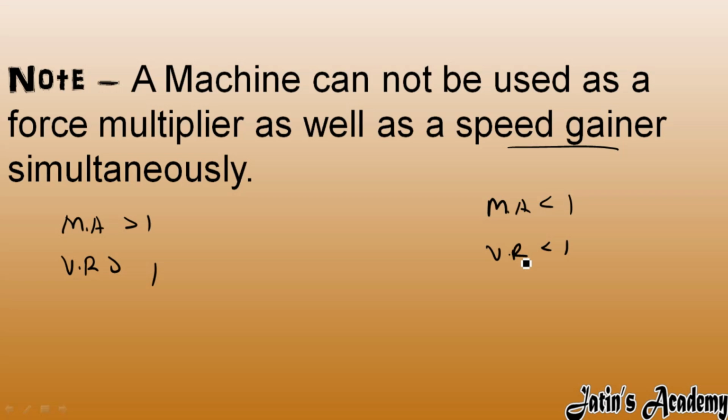Simultaneously means it can't work side by side. A machine can be a force multiplier or it can be a speed gainer, but both simultaneously is not possible.